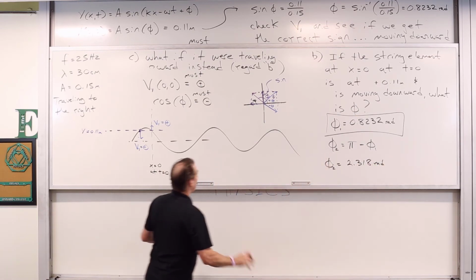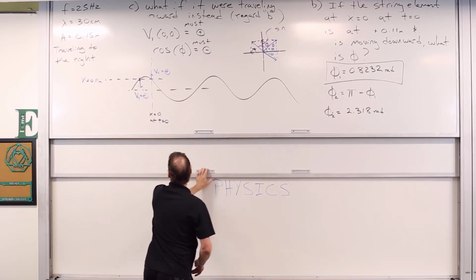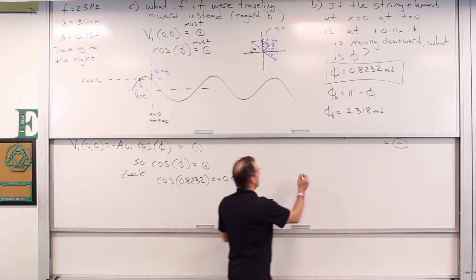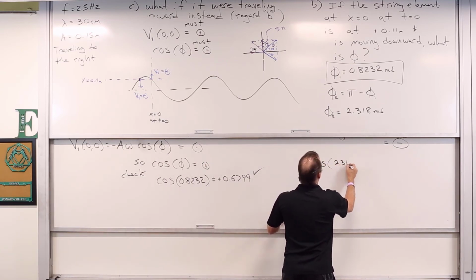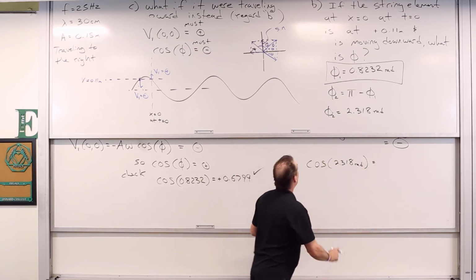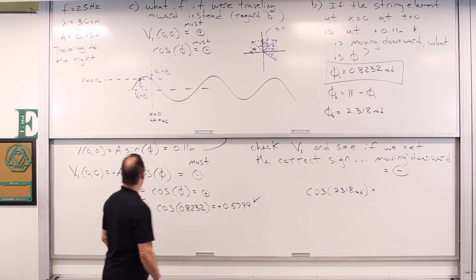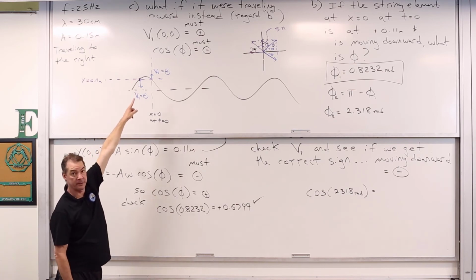Now let us check out the cosine of this. Cosine of 2.318 radians. Again, we need it to be equal to a minus if the object is to be moving downward, and that follows from that right there.